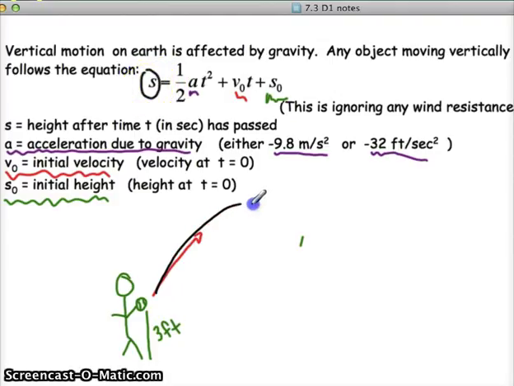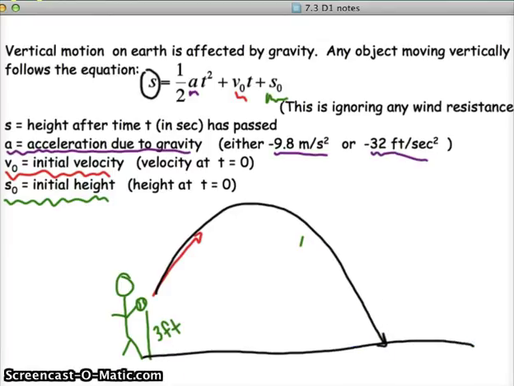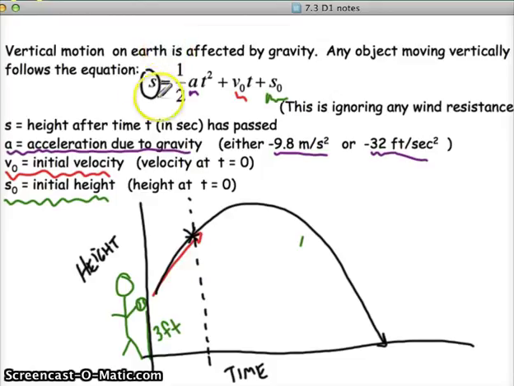So if the ball goes up and then comes back down and hits the ground, here's the ground, this x-axis could be time, and the y-axis would be height. So at any given time, let's say here, we can find the height. So that's what this s would be right here.